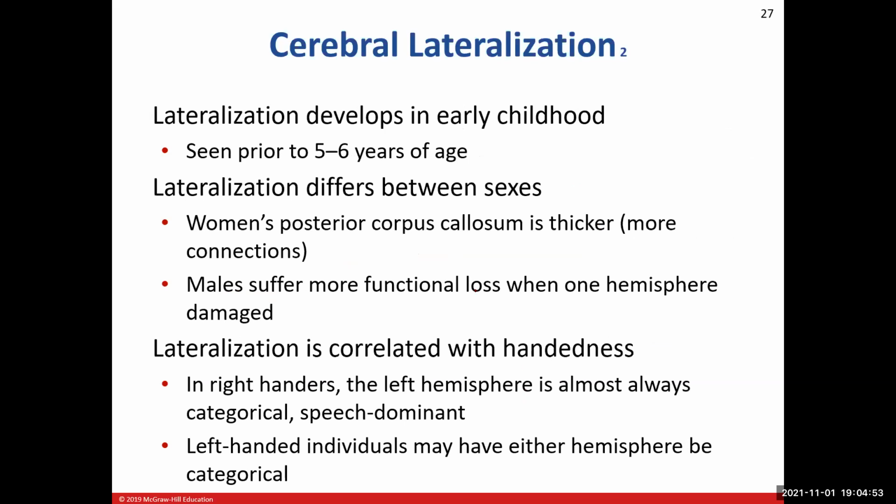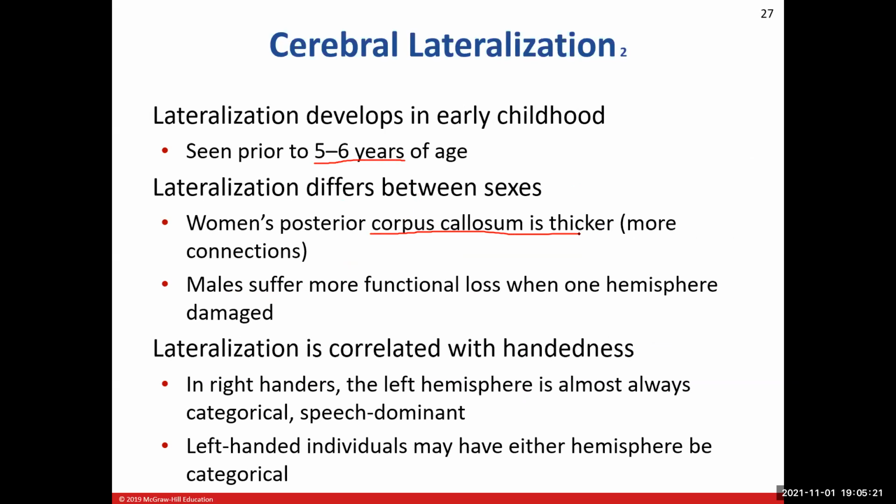We start to see cerebral lateralization occur between 5 to 6 years of age. And with women, you have a larger posterior component to the corpus callosum. So there are more connections. We joke around and say women are more in touch with themselves or they're higher order thinkers, but it's actually true when we're talking about lateralization.